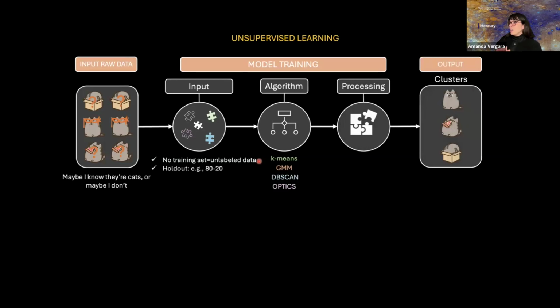After that, the result will be a set of clusters, or groupings, that will represent these patterns in the data. For example, in this case, all the cats within a box will be clustered into cluster C, for instance. The cats that are eating pizza will be classified into another group, and so on.